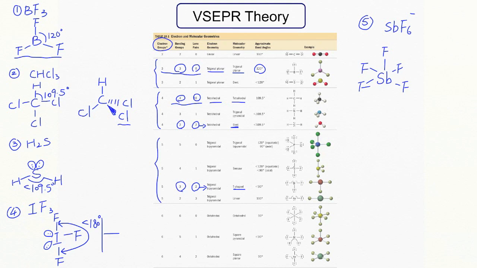Oh, I don't like this fluorine. Let me erase this. Okay, to make it better. All right, this is a Lewis structure of SbF6 minus.